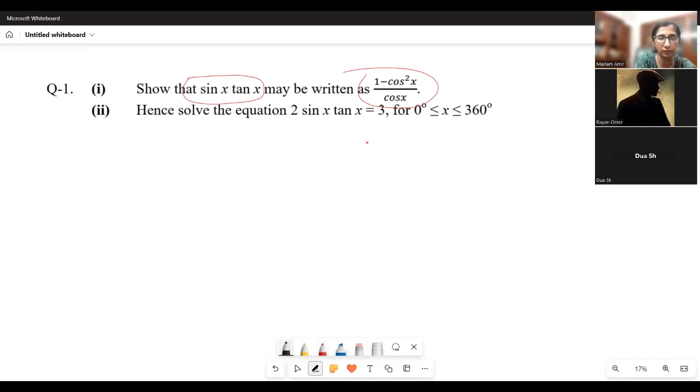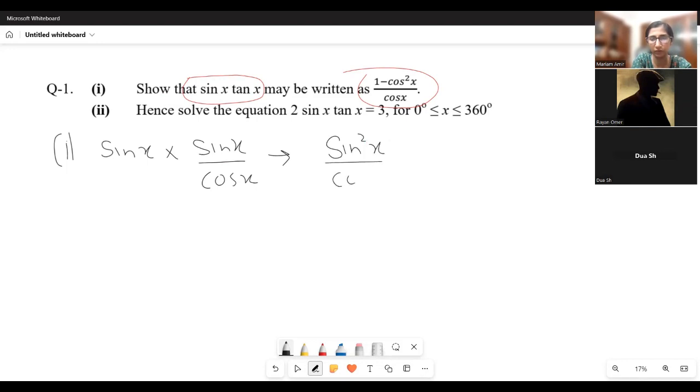So we have sin x times sin x upon cos x, which becomes sin square x over cos x, and then use the identity sin square x equals 1 minus cos square x, giving 1 minus cos square x over cos x.